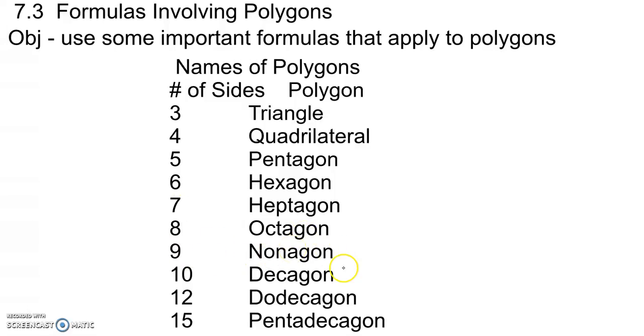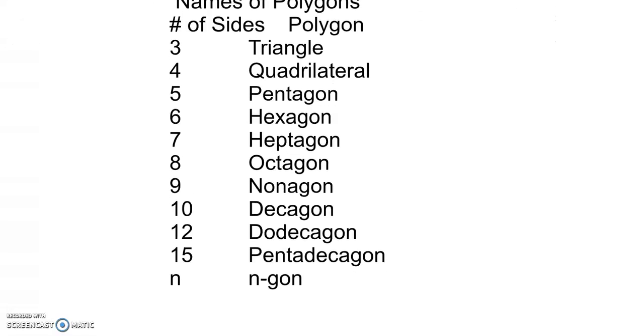10 is a decagon. And 12 is also pretty popular, a dodecagon, pretty fun to say. Another popular one that comes up is 15 sides, which is a pentadecagon, also pretty fun to say. But anything beyond that, mathematicians got kind of lazy, and they didn't want to make up any more neat names.